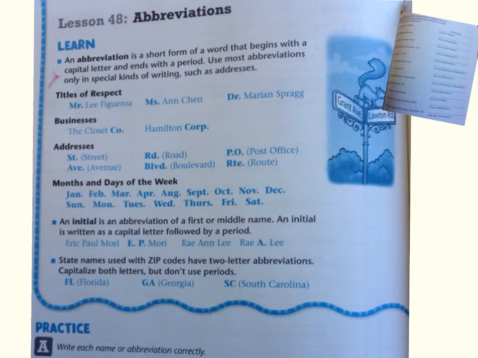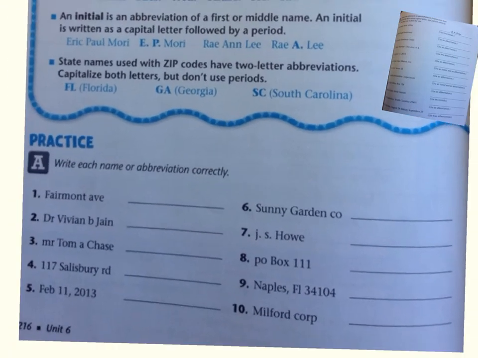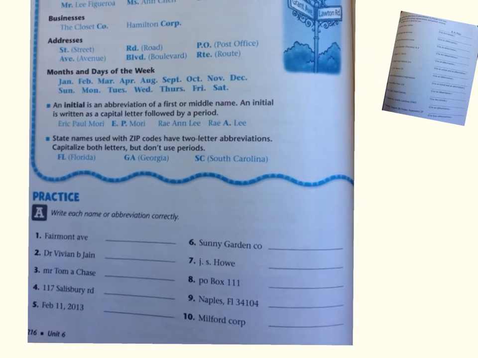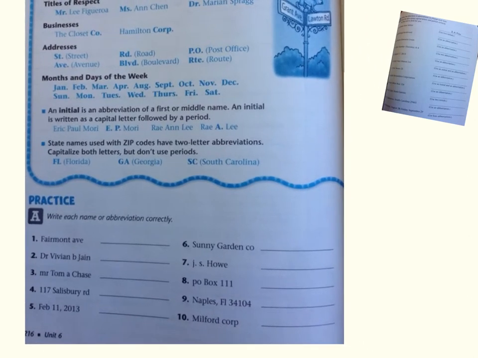All right, so let's go ahead and look down at your practice. I would make sure that you're referring back to the chart to help you in any way. Fairmont is written with a capital letter. It's a place. We're looking at avenue. So going back up here, avenue, you would have capital A, V, E, period.